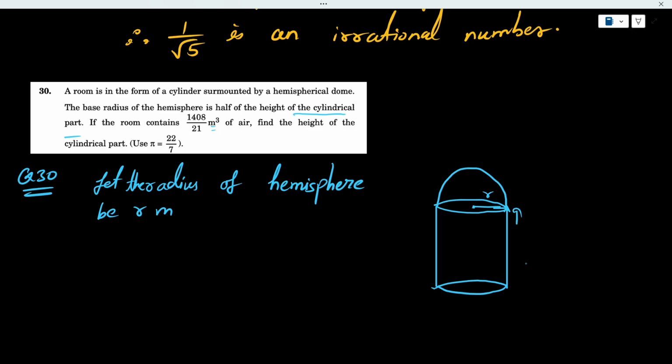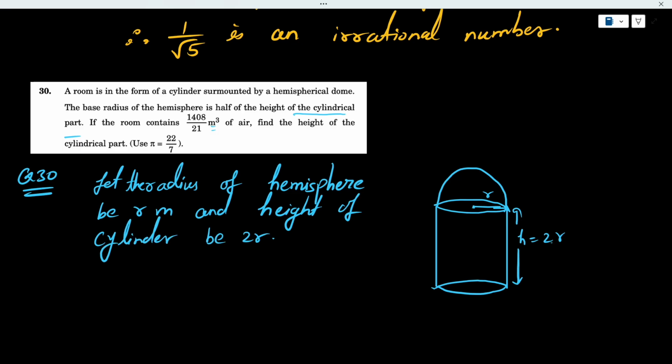That means if I have taken r, then the height of the cylinder is going to be 2r, and half of it is r. You can take r and r by 2 also, but I did not want to take it in fractional form, so I have taken the height as 2r. Now what is given here? This room, which is this shape, contains 1408 by 21 cubic meter of air.